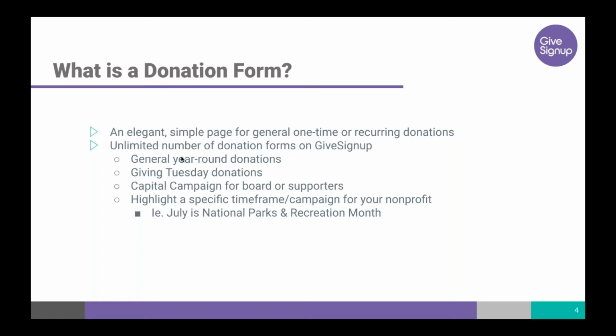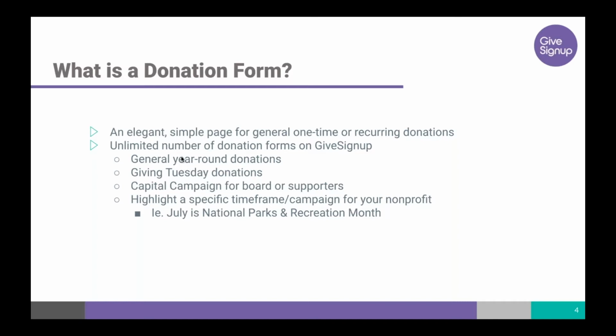And then you can also highlight some specific information with customized donation forms. So for example, today I'll be going over what a Giving Tuesday donation form will look like. You could have a capital campaign donation form, and this would be able to highlight some specific messaging for your board. For example, if you wanted to encourage your board to make a donation to your nonprofit and really use some good targeted messaging specific to those people.